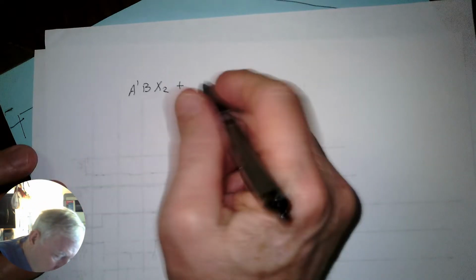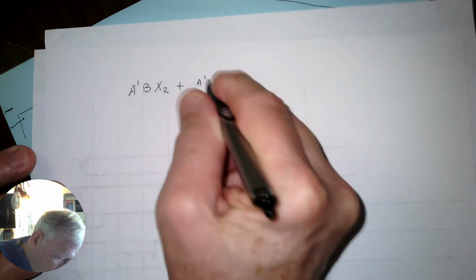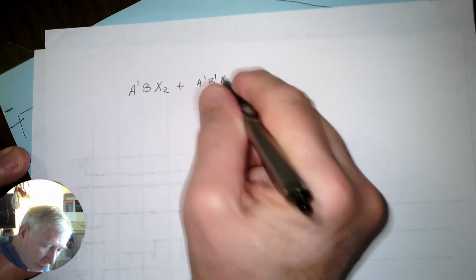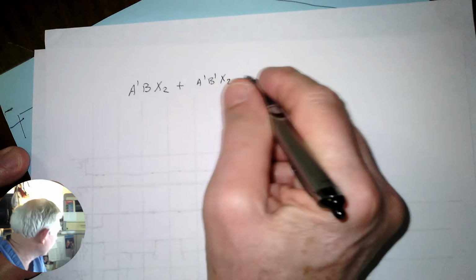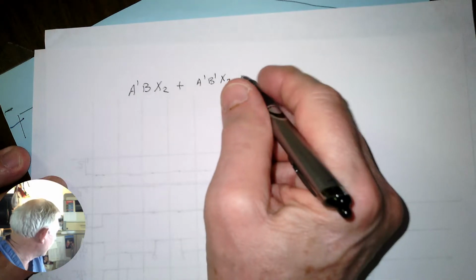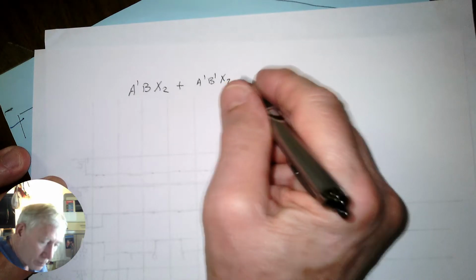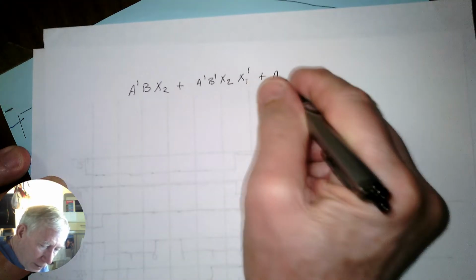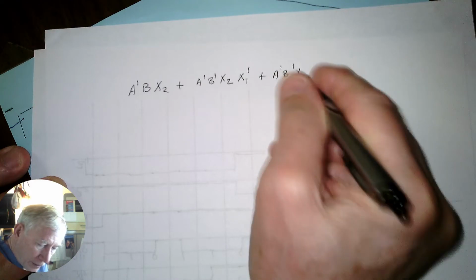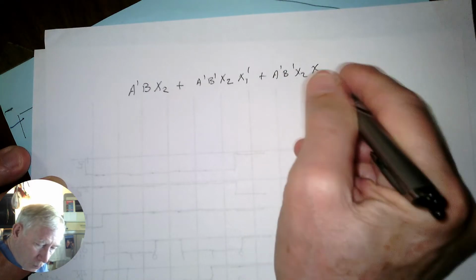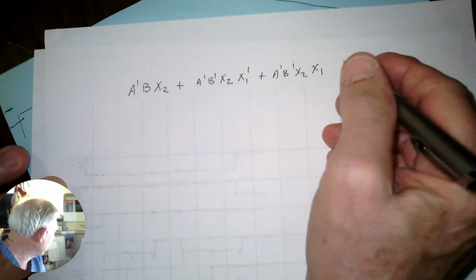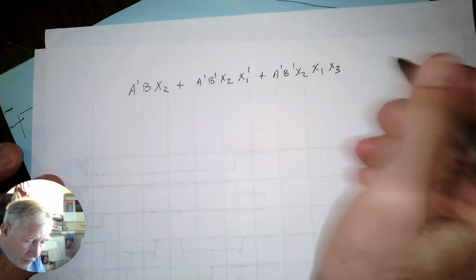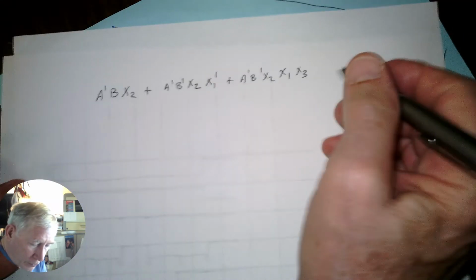All right, so let's write that. It's going to be A prime B prime x2, which has to be a 1 in both cases, and then in one case x1 prime, and in the other case x1 and x3. And then we can simplify that a little bit.